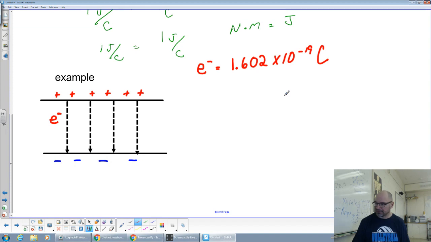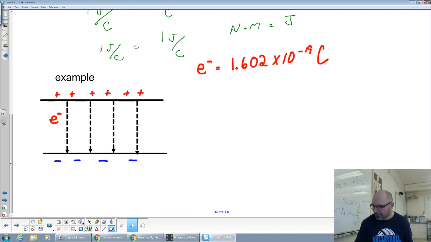Okay, and let's say that the distance between these two, let's say it's 0.22. That's too far apart. That's not going to give us very strong. Let's put an extra 0 in there.